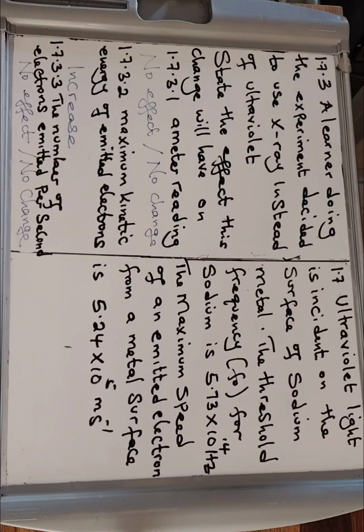So intensity affects the number of electrons emitted per unit time. It affects the ammeter reading. If you want to change the energy of emitted electrons, the change should be frequency. Frequency affects the energy of incident radiation and eventually affects the kinetic energy of the emitted electrons.